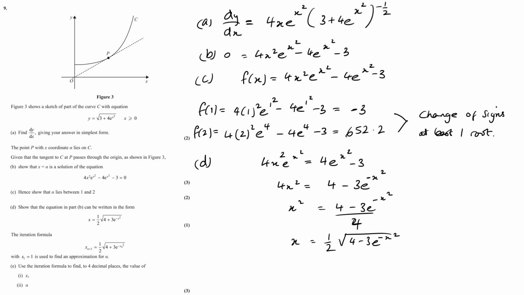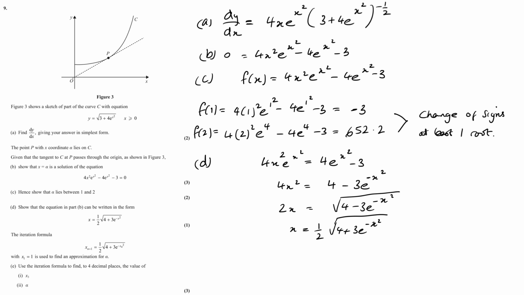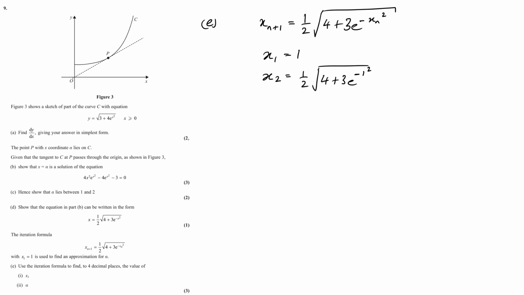Alternatively, what I could have done is square root at this point, so I get 2x equals root of 4 minus 3e to the minus x squared, and then divide by 2, so you get half of root 4 plus 3e to the minus x squared. Either way, that's right. And then it's just a matter of setting up your iteration formula.